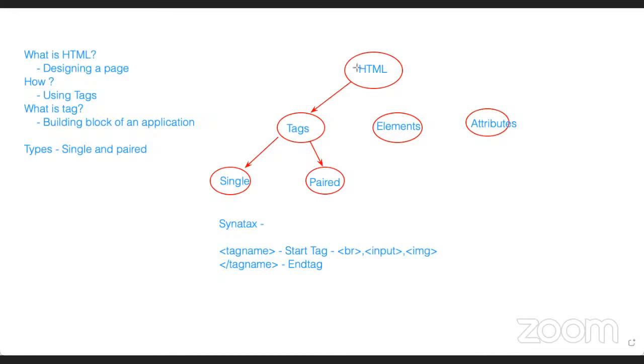Even these elements are categorized into two types. One is the inline element, another one is the block level element. Guys, which is inline and which is block level? I'll try to explain. First is the inline element. Another one is the block level element.